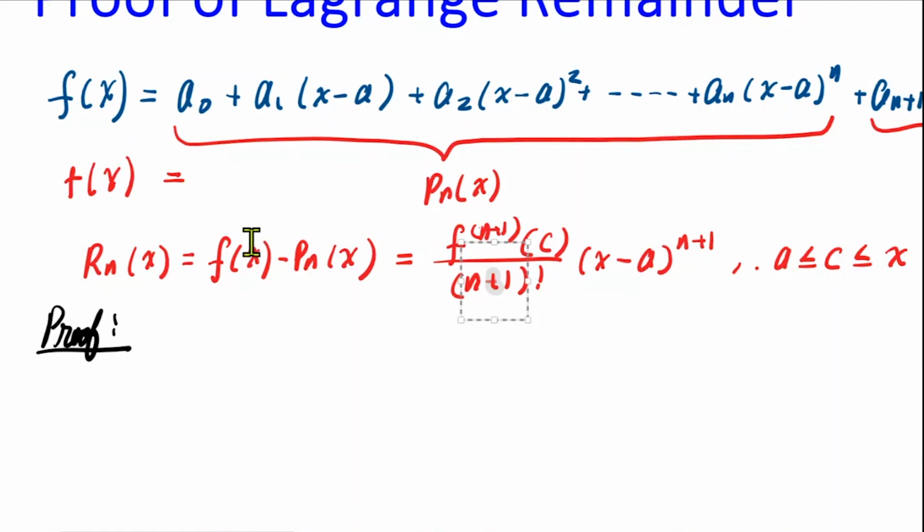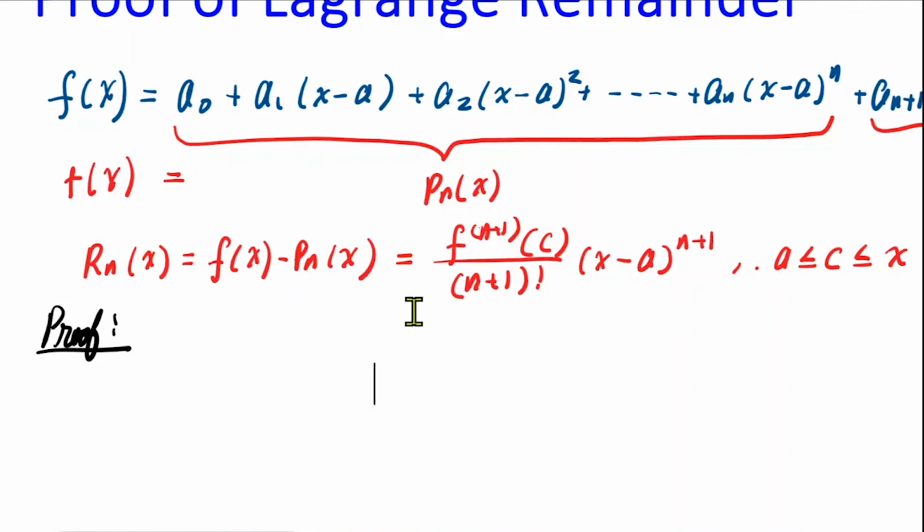So r is equal to f minus p, and this could be negative, right? Your remainder could be negative, but when we say error, we don't like negative errors. That makes it sound right, so we just put absolute value around it. So this is just the remainder, not the error.